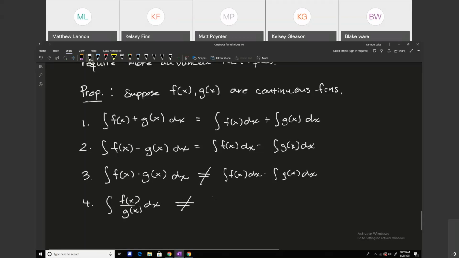So that's what I mean when I say the integral does not behave this way. You don't have such rules. So do not attempt. You're just usually going to get a wrong answer.